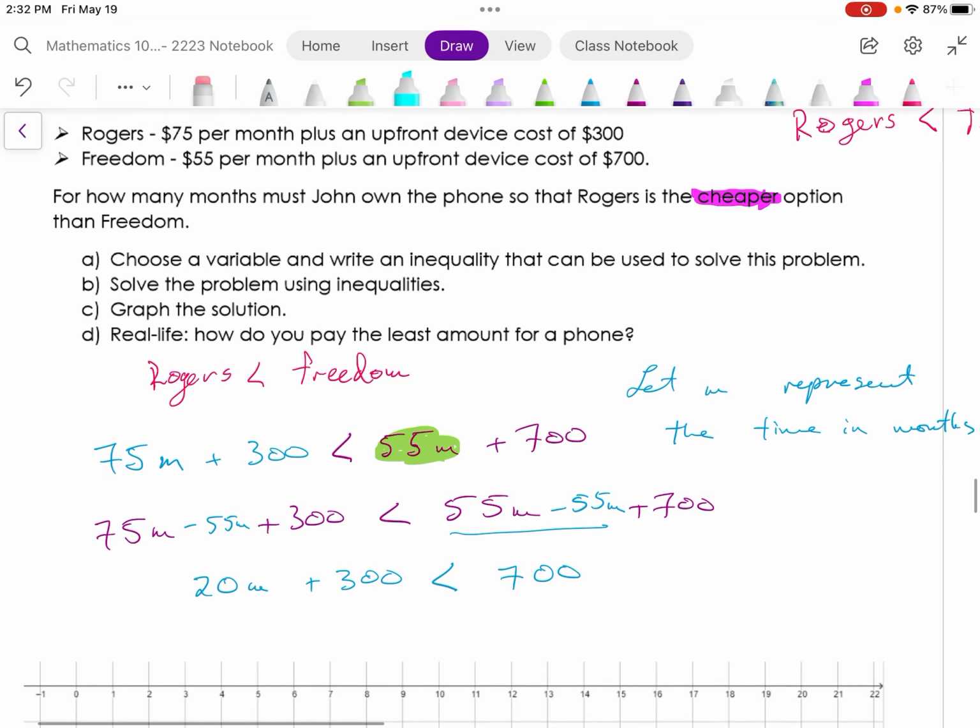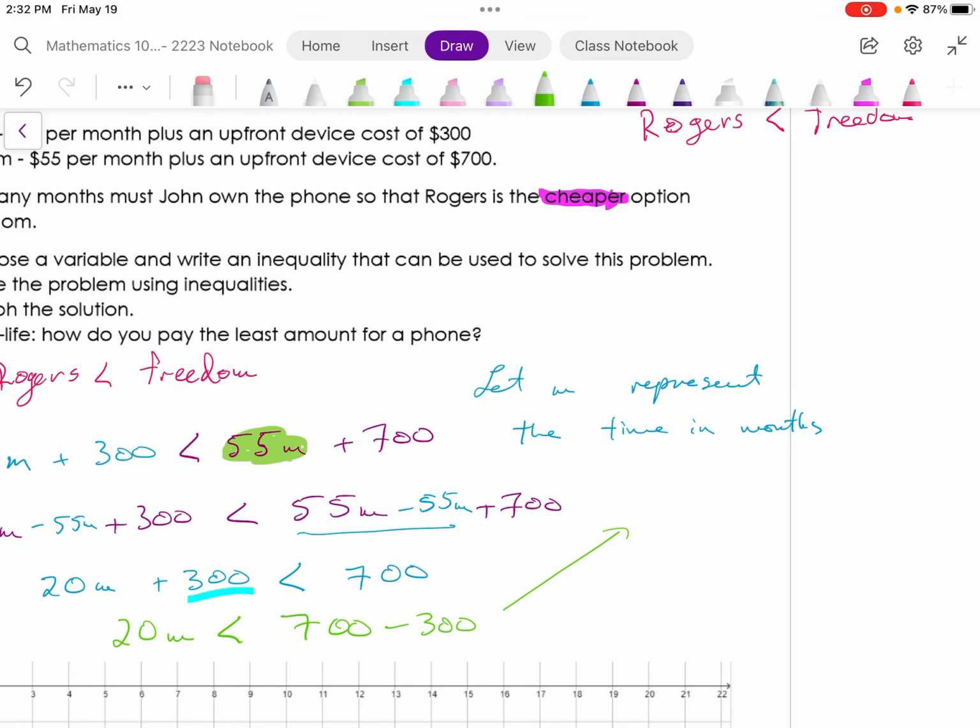Now, my variable m is still not isolated, so I take a look at my 300. I'm going to get rid of 300 as I slowly try to isolate my variable m, and I do that by subtracting 300 from both sides. So I end up with 20m is less than 700 minus 300, which is 400.